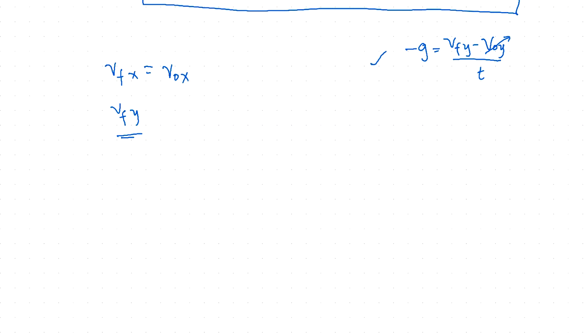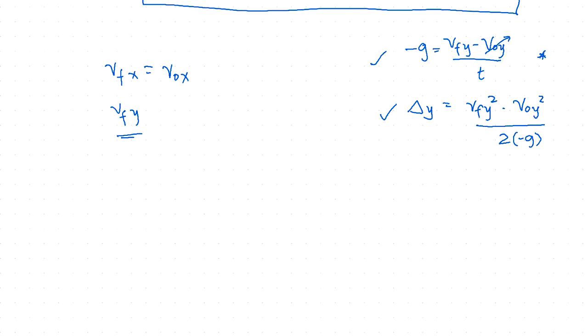Pwede gamitin nyo yung displacement is equals to the squared value of the y component minus the squared value of the initial component on the y over twice the negative g. So, maalin yung gamitin nyo. So, you can try that. So, ako, gamitin ko na lang to para mas mabilis and mas madali. And okay lang kung ano yung equation na gusto nyo gamitin kasi pare-parehas lang naman yan ang pupuntahan.